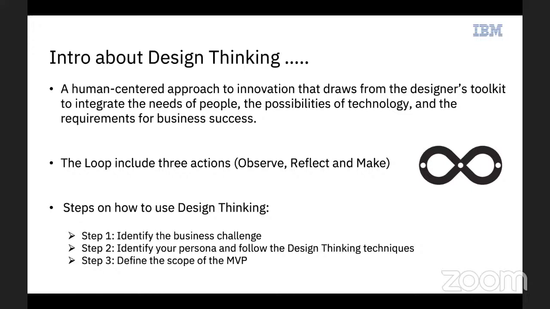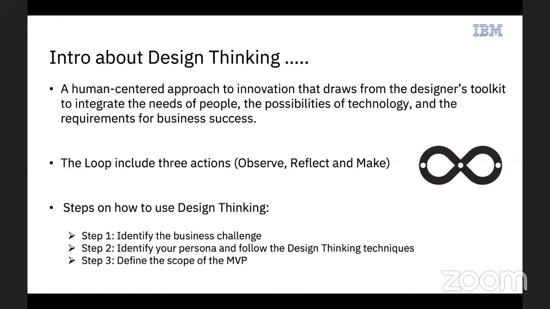Okay, I'll go ahead. Now, design thinking has three major actions, which is called the loop. The loop has three parts, which are observe, reflect, and make.